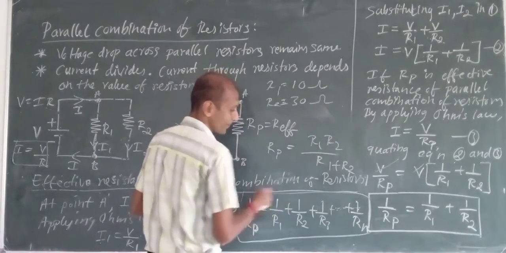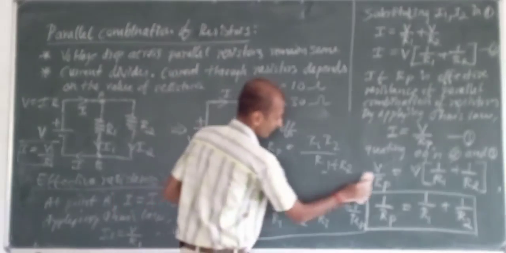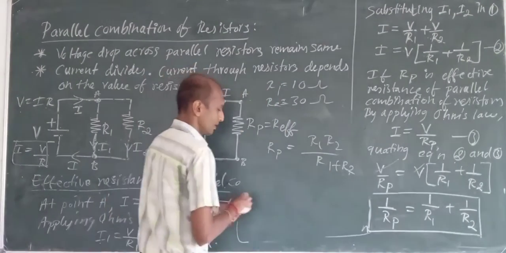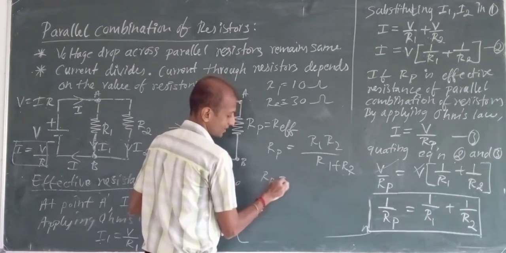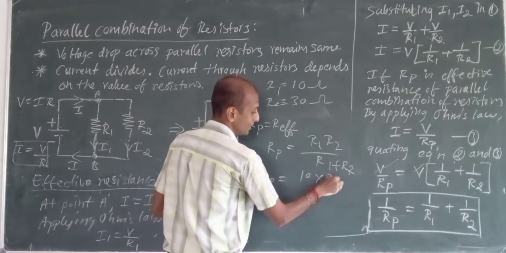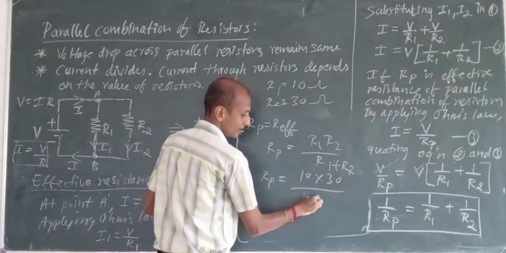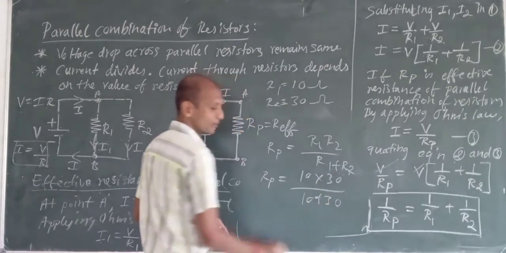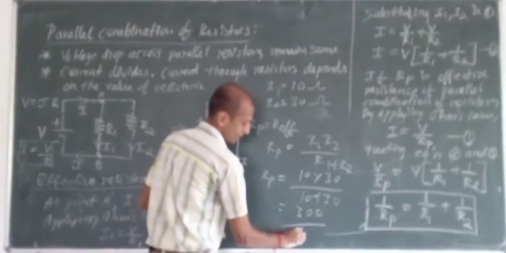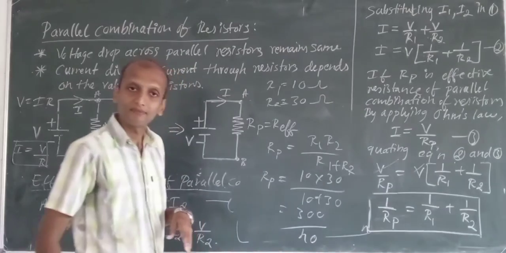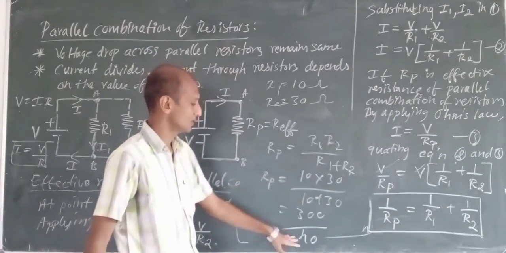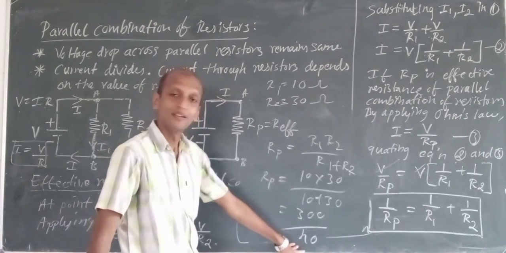The total or effective resistance Rp is equal to 10 into 30 divided by 10 plus 30. It is 300 divided by 40. If I do this division, what will be the total resistance?